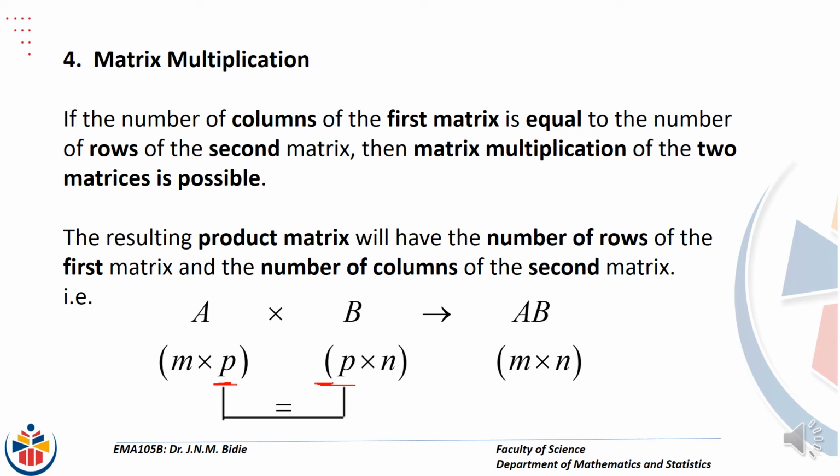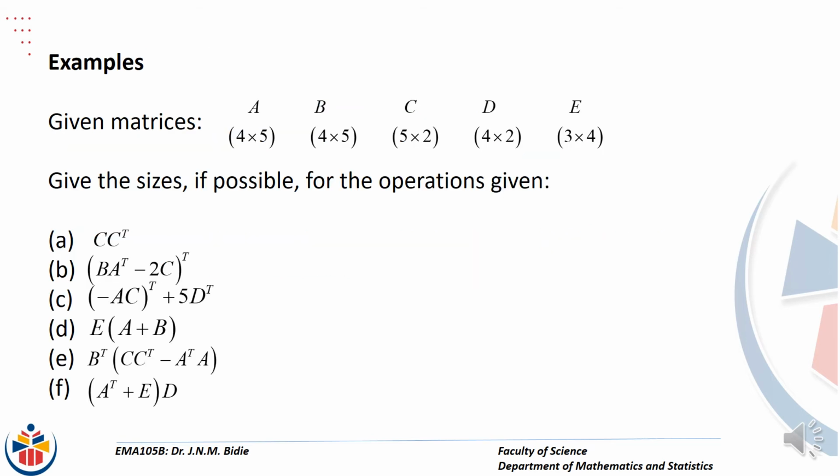Then, because the number of columns of A and the number of rows of B are equal, then we can be able to say that AB will have the same size comprised of the number of columns of B and the number of rows of A. So let's quickly do some exercises. First example.